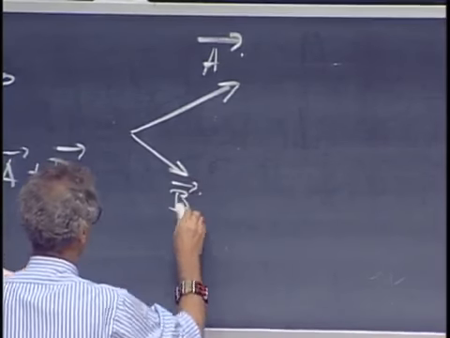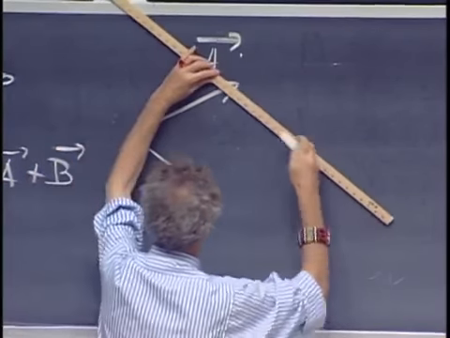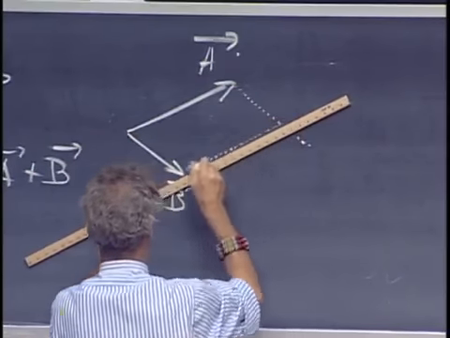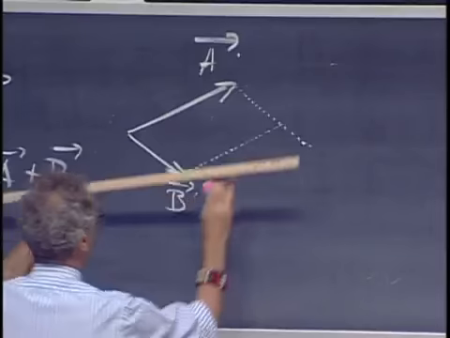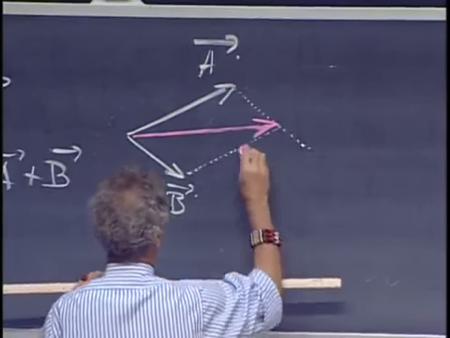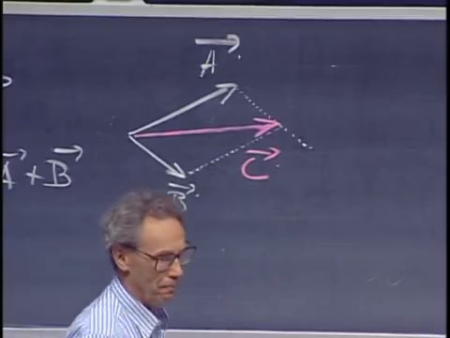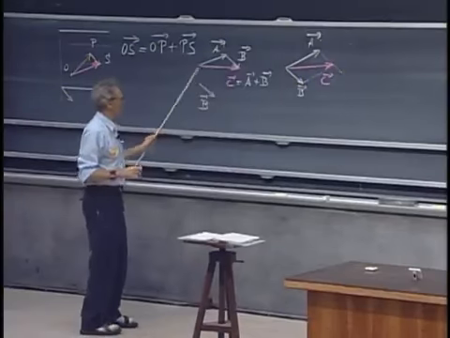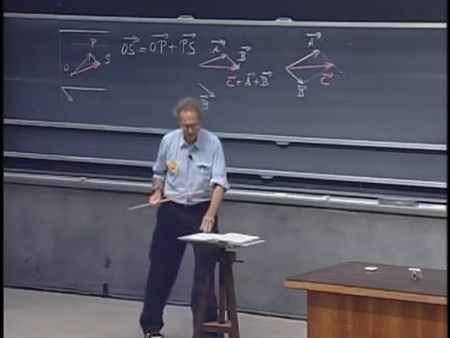The tails are touching, and now you complete this parallelogram. And now this vector C is the same sum vector that you have here, whichever way you prefer. You see immediately that A plus B is the same as B plus A. There is no difference.